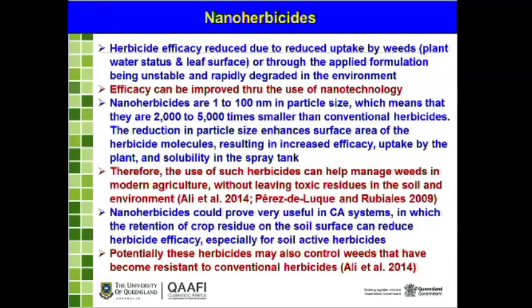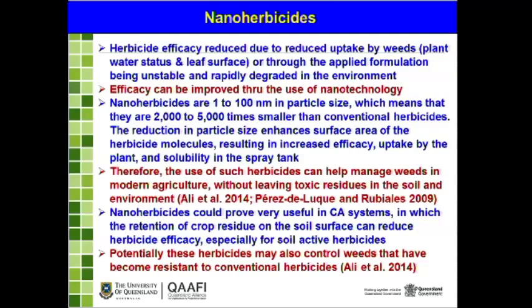So efficacy can be improved through the use of nanotechnologies. Nanoherbicides are usually 1 to 100 nanometers in particle size, so very small particles, which means more surface area. That reduction in particle size increases surface area, and that results in increased efficacy, uptake by the plant, and solubility in the spray tank.